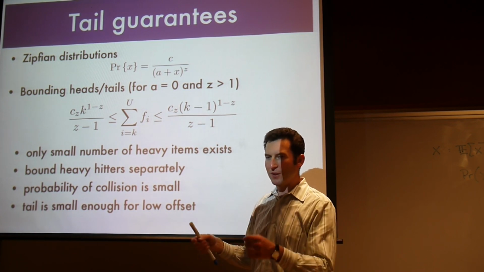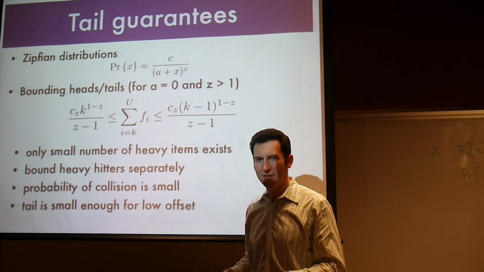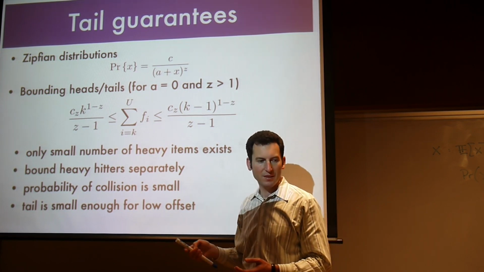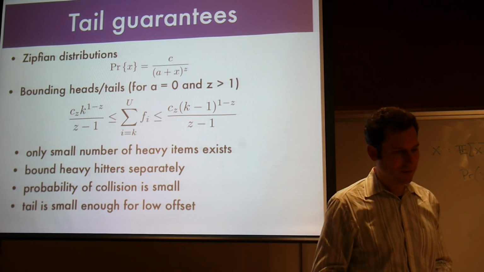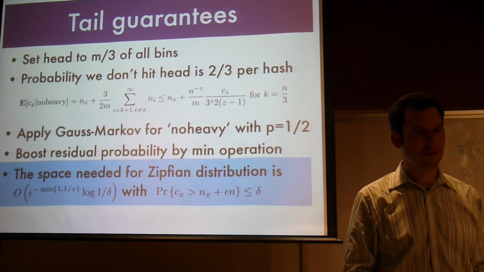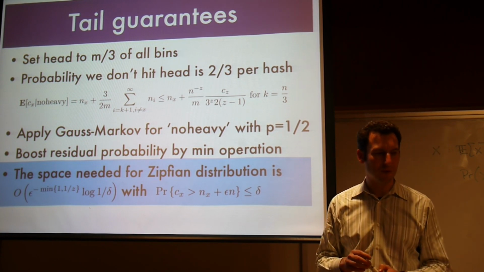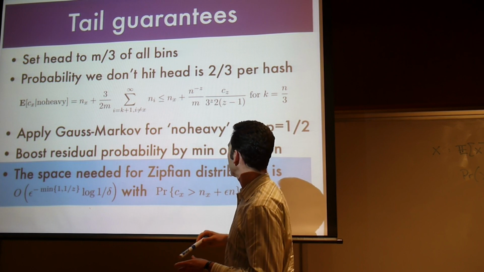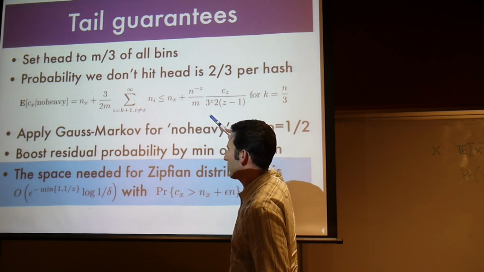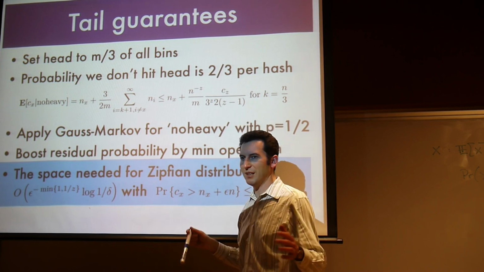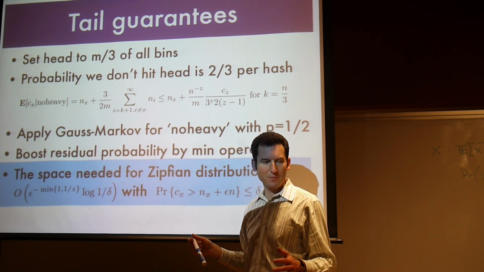And then if I don't get a collision with a heavy hitter, I essentially appeal to the count min sketch argument again. And you can actually look that up in a fair amount of detail in Graham Cormode and Muthu Muthukrishnan's paper. I'm not sure we should go through this in great detail, but basically they say the head is 1/3 of all the bins.